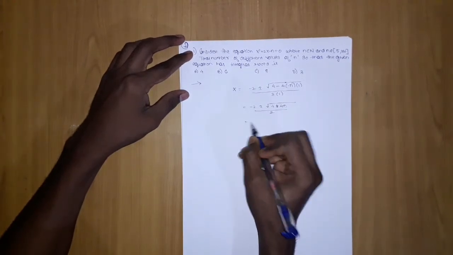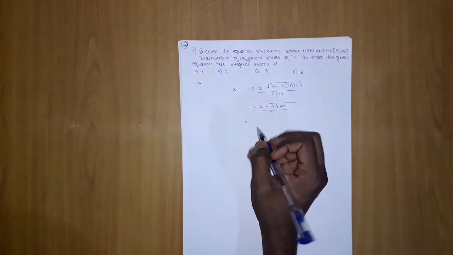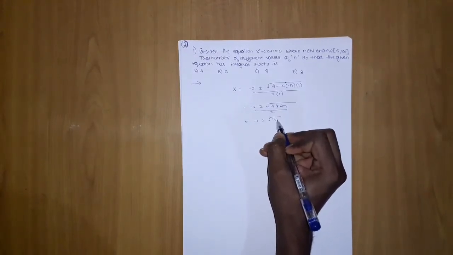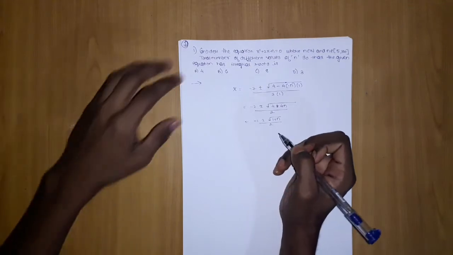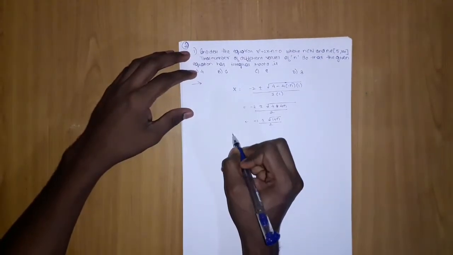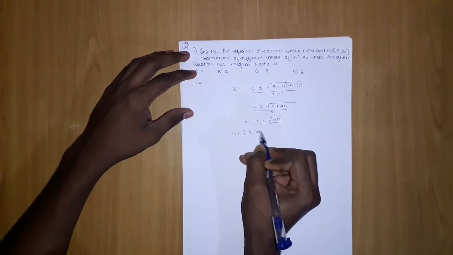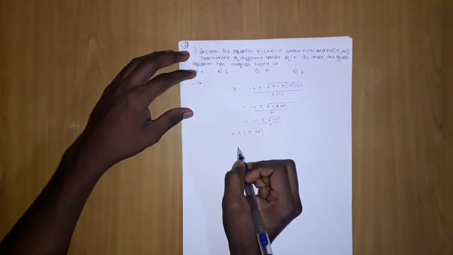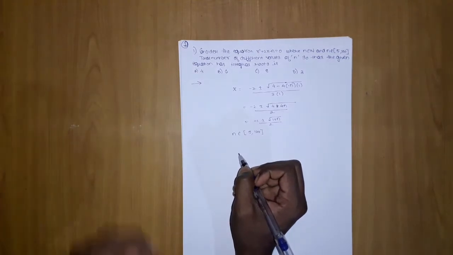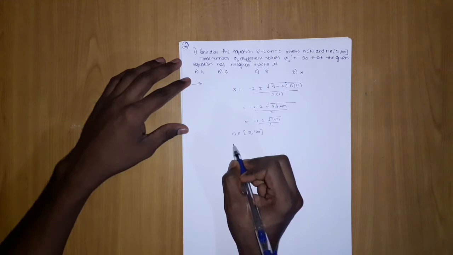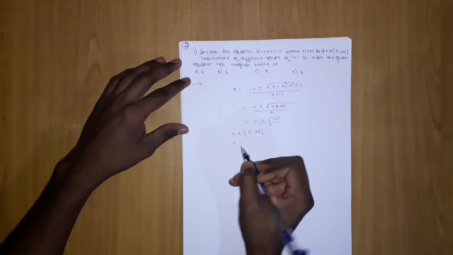Moving on further, we can remove the 2, so it will become minus 1 plus minus under root 1 plus n. Now n belongs to 5 to 100, and in this range, how many perfect squares are there?